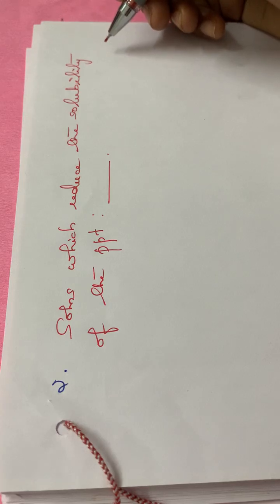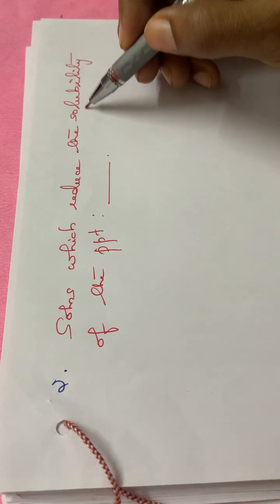We will be losing some of the precipitate, isn't it? Some of it will be washed away, and we will be getting an error value, or the weight of the precipitate will be decreased.